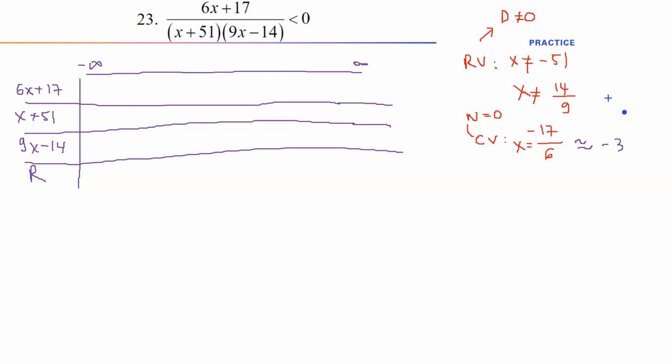If it's 18 divided by 6, it will be negative 3, right? So it's about negative 3. And then negative 51, which is more negative, will be on the left side. And then negative 17 over 6. And then the positive number 14 over 9. 14 over 9 is greater than 1. So this one will be undefined.